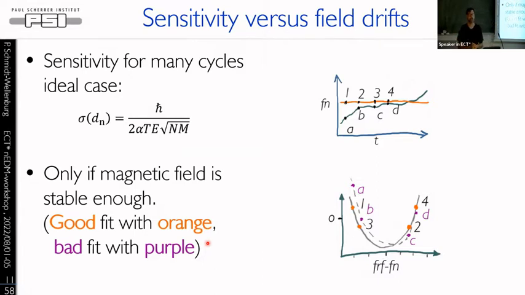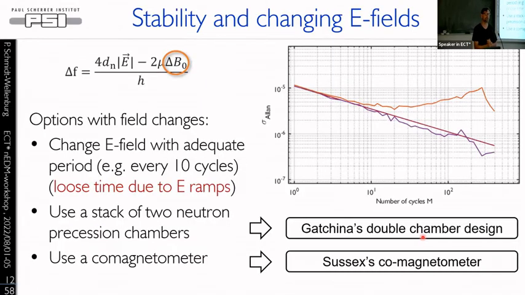And now, very simply thought, if you have a very bad magnetic field, the Larmor frequency will change all the time, like in ABCD. And then if you want to fit the central fringe, you will get a really bad fit. And you will lose all the sensitivity of your single cycle because the stability is not high enough. So you must make sure that it's stable. And you do that by looking at something we call the Allan deviation of stability. That's something which comes from clock characterization.